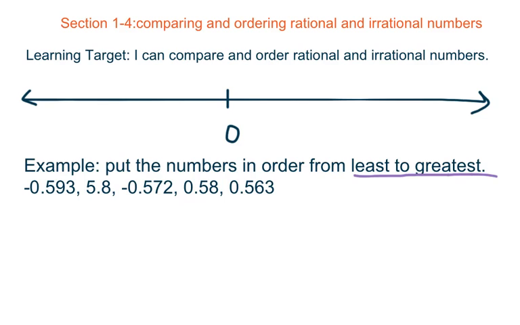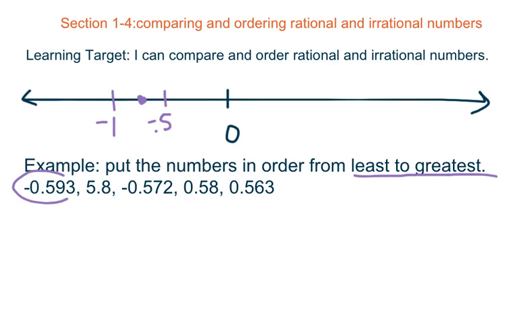So negative 0.593 is between 0 and negative 1. And here is negative 0.5. So negative 0.593 is to the left of it, closer to negative 1. So I will say it's somewhere maybe right in there.